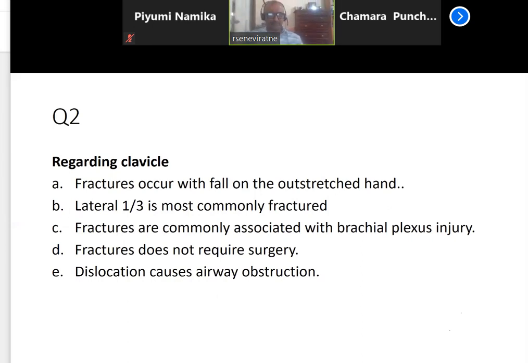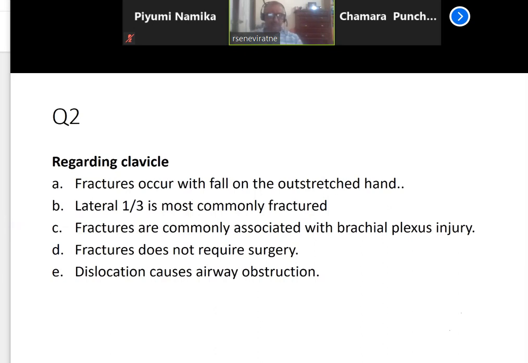It's very common, sports or falls on the road from motorbikes, but brachial plexus injuries are less common. What is the kind of motorbike injury where you get brachial plexus injury? If you fall from a motorbike and you get dragged along in this posture, you can get the brachial plexus lower trunk injury, C8 T1 injury there.